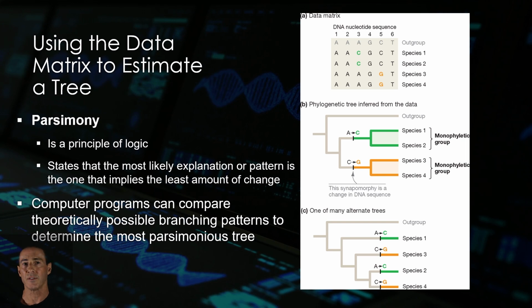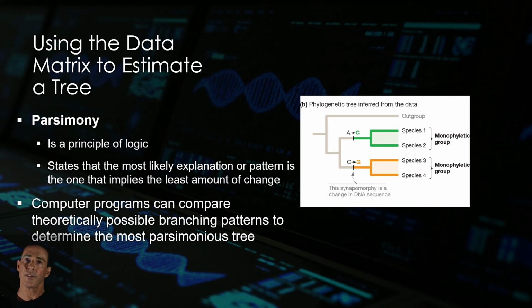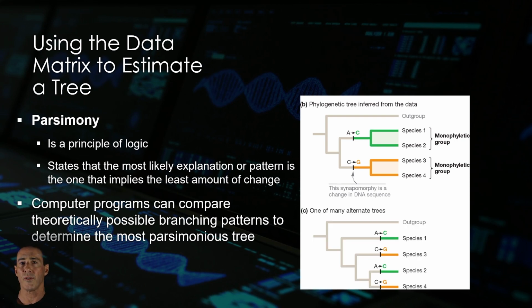Parsimony analysis uses computer programs that compare the branching patterns that are theoretically possible in a phylogenetic tree, and they count the number of changes in DNA sequences required to produce each pattern. For example, the tree in figure B requires only 2 changes in base sequence, while the tree in figure C requires 4.